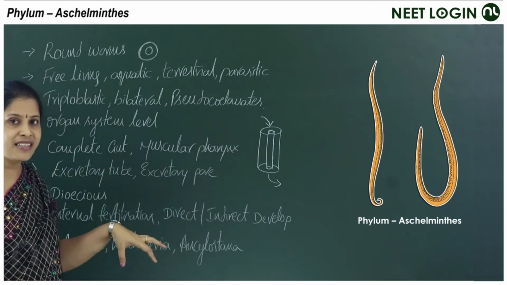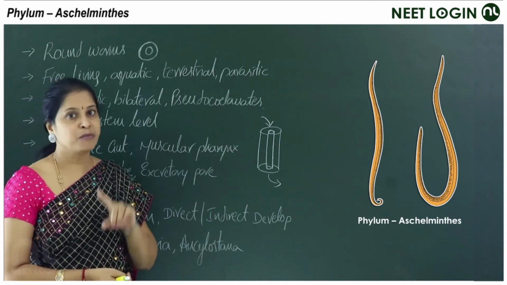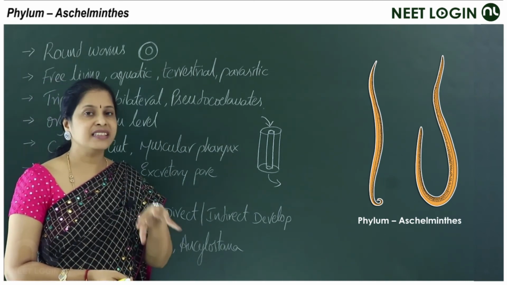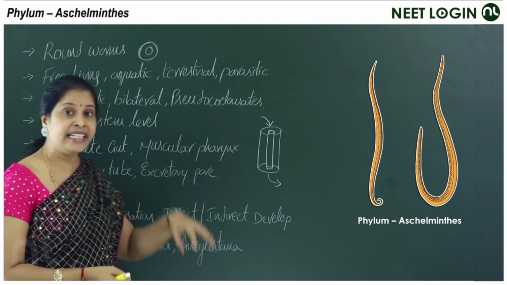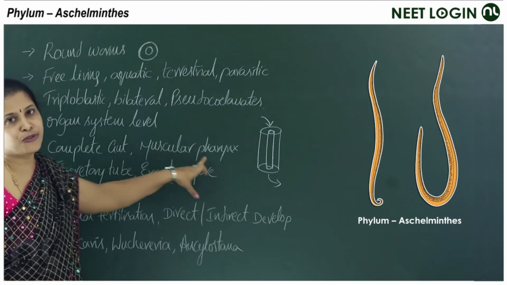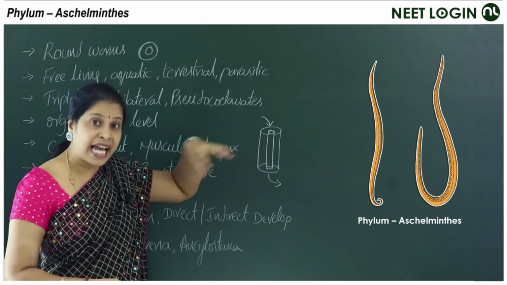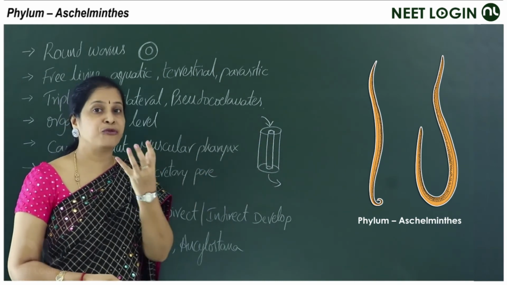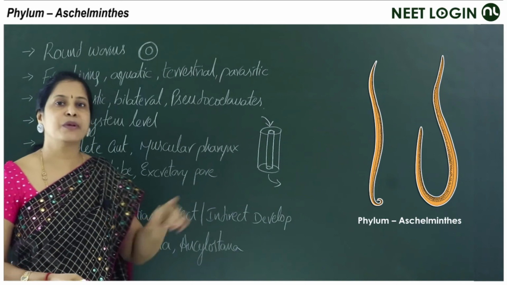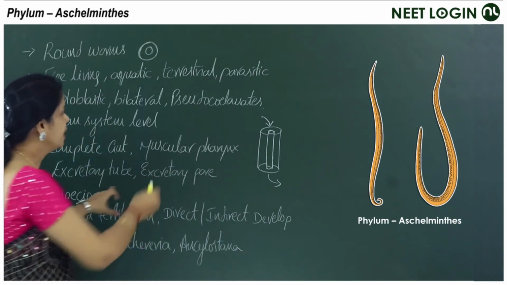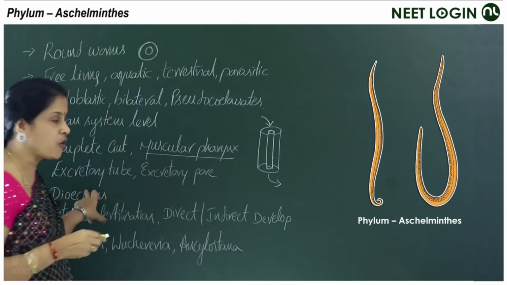And the gut is non-muscular, but the pharynx part is muscular. A highly developed muscular pharynx is seen. Generally the body wall is muscular, but the alimentary canal is non-muscular, but the pharynx is a highly developed muscular part here. That's a phenomenon that you want to focus on.